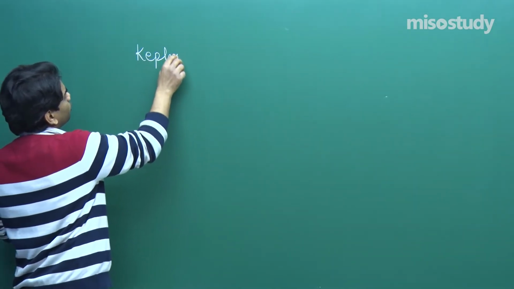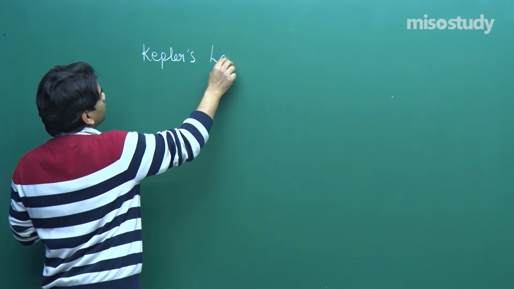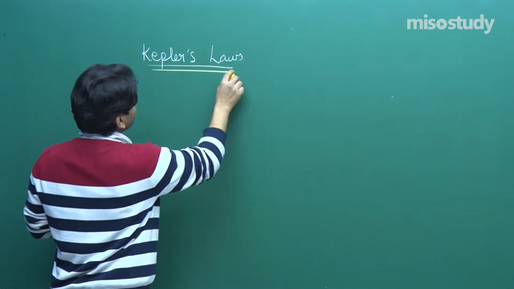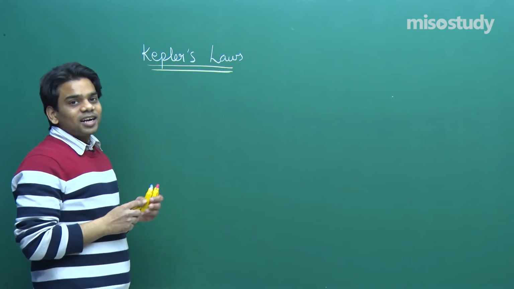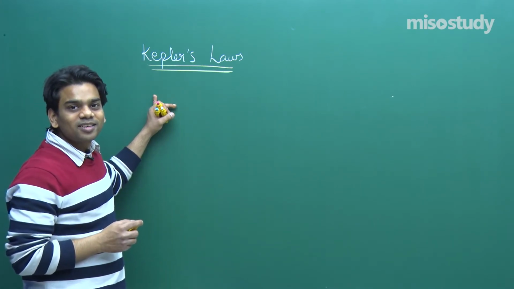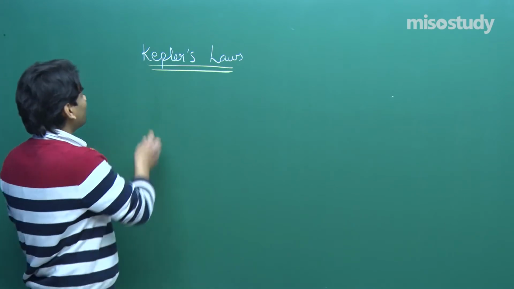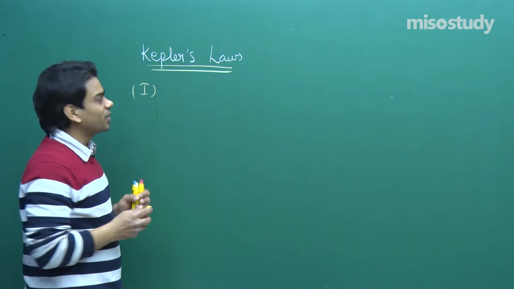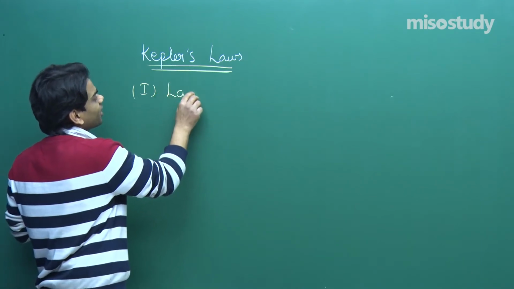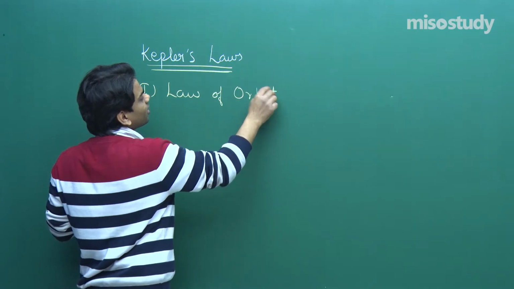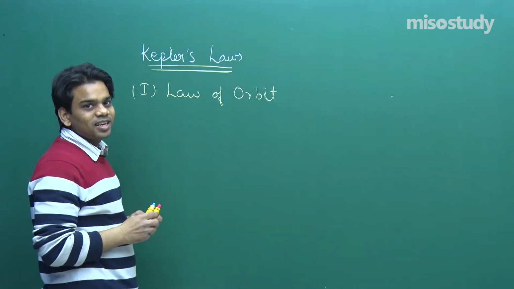Let me begin the class with understanding the planetary motion and what Kepler said about it. Kepler gave us three laws which control the motion of the planets around the sun. Now the first law is the law of orbit: every planet is revolving in an elliptical orbit with the sun at the focus.